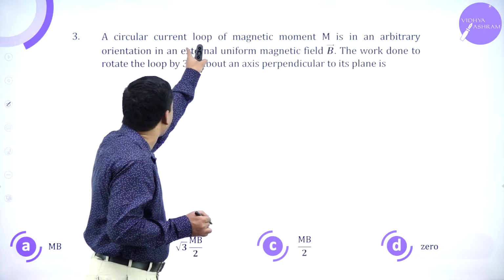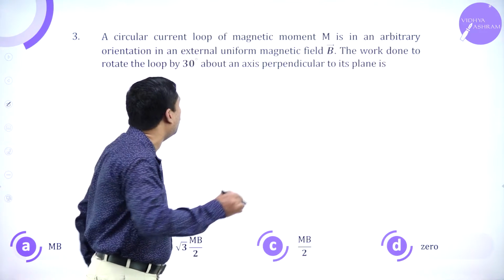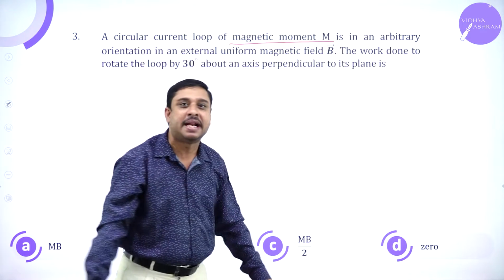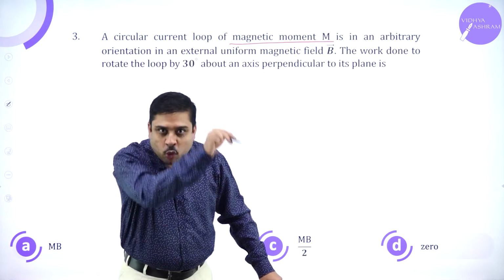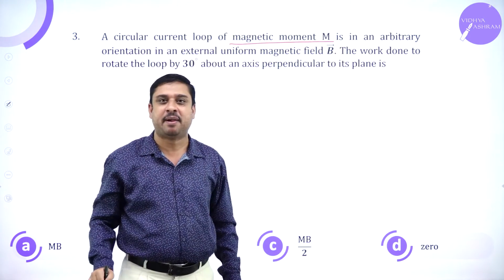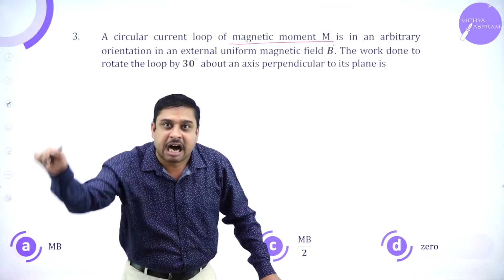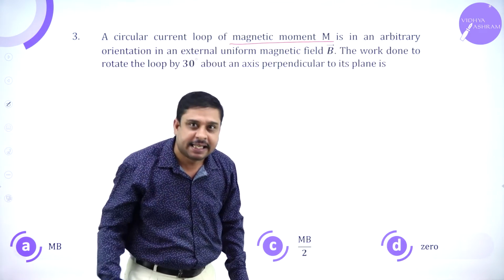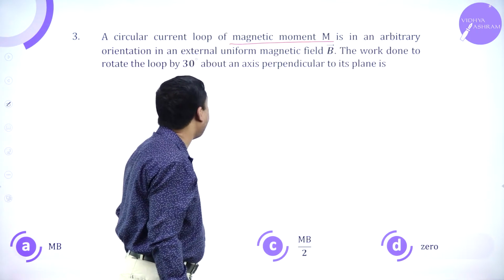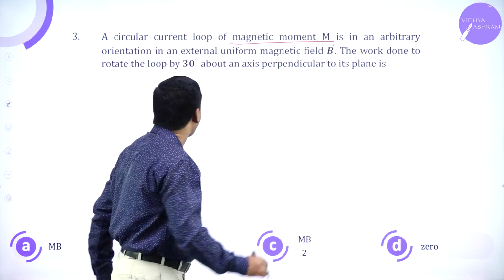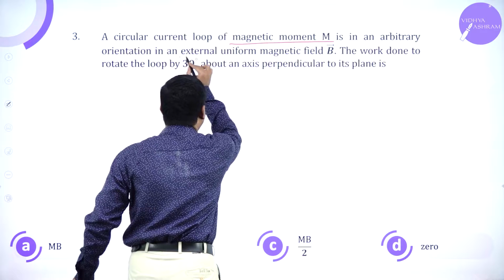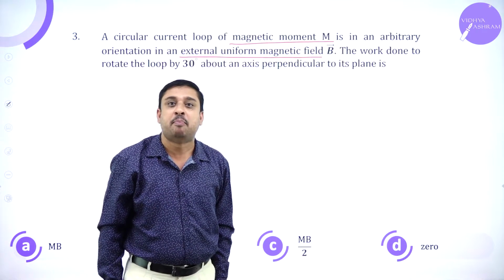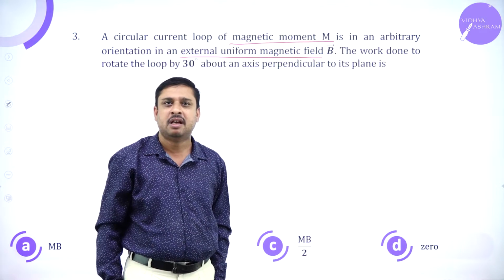A circular current loop of magnetic moment M. There is a current loop whose magnetic moment is M, in an arbitrary orientation in the external magnetic field.